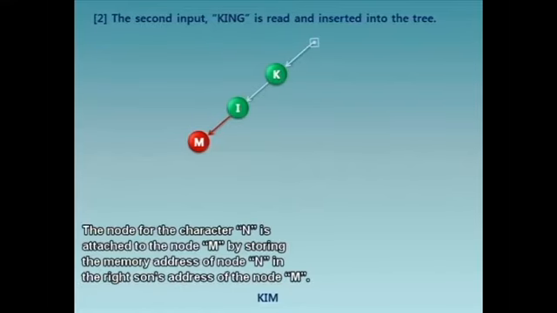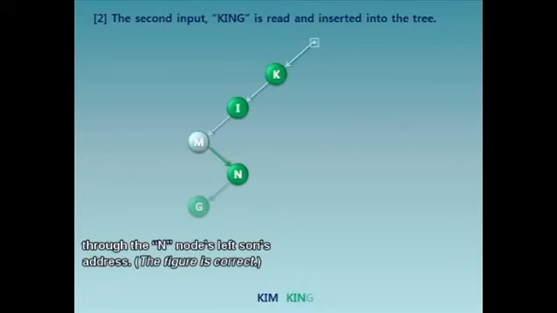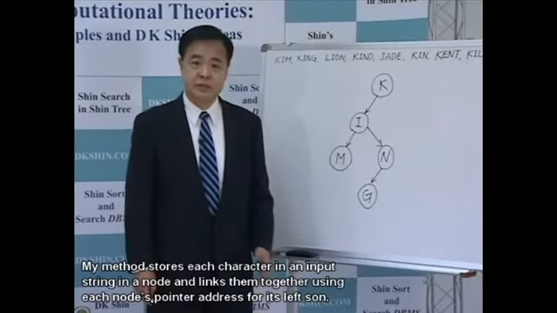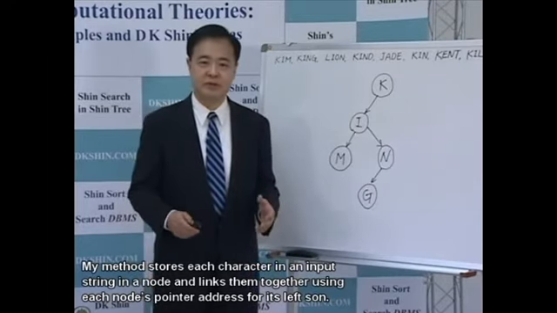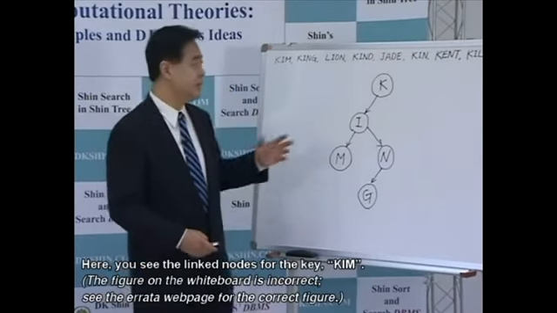The node for the character N is attached to node M by storing the memory address of node N in the right son's address of node M. The fourth input character G is attached to node N through node N's left son's address. My method stores each character in an input string in a node and links them together using each node's pointer address for its left son. Here you see the linked nodes for the key Kim.